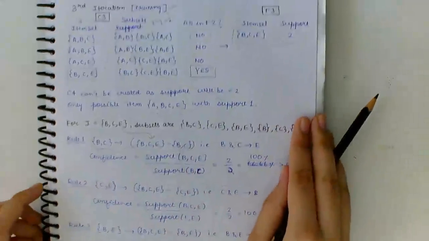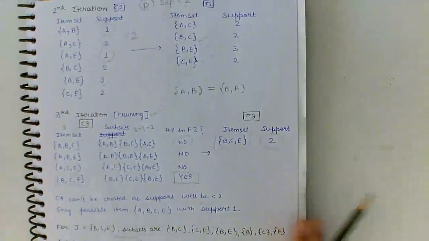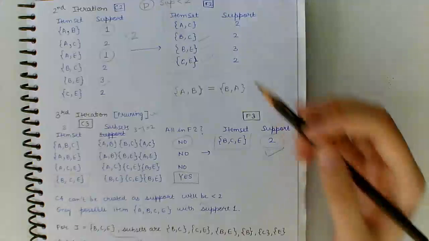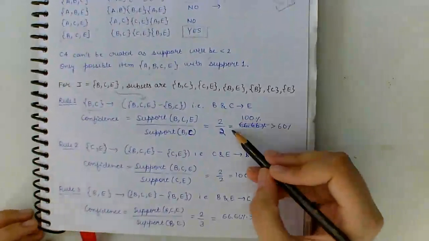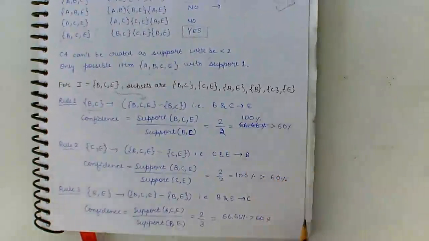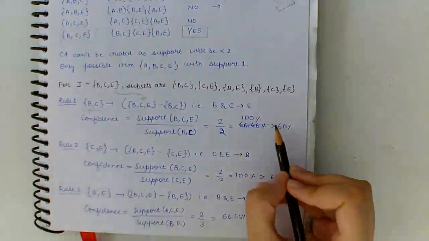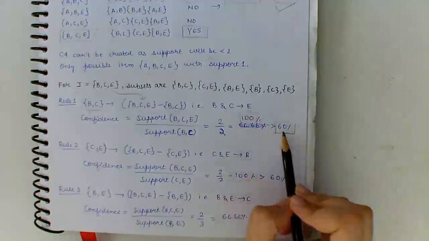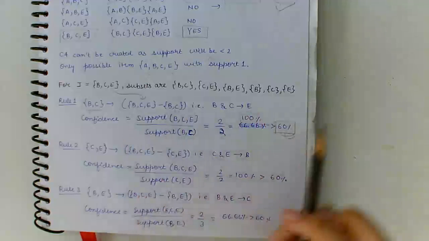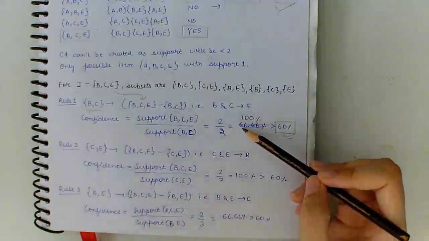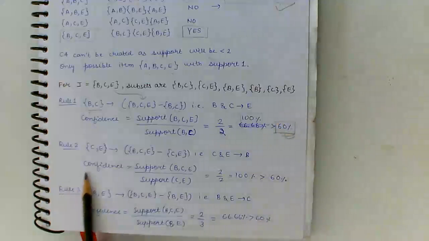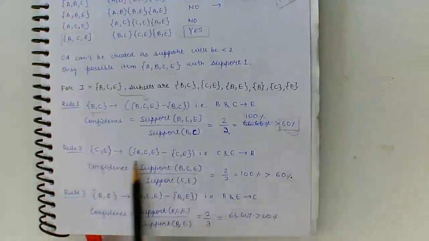The support of BCE is 2 and the support of BC is 2. So we get 2 by 2, that is 100%, and the minimum confidence is given as 60% in the question. So if the value is greater than 60%, the rule is kept as it is, not discarded.